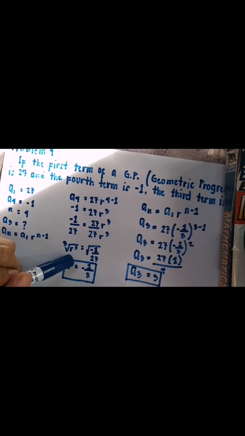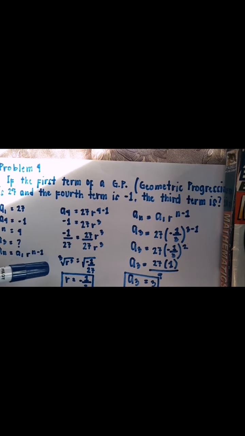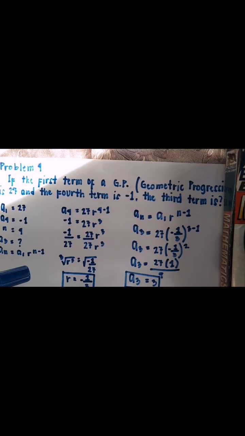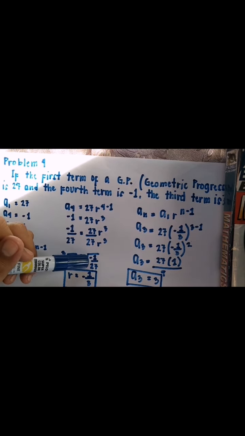Then we take the cube root: r is equal to the cube root of negative 1 over 27.